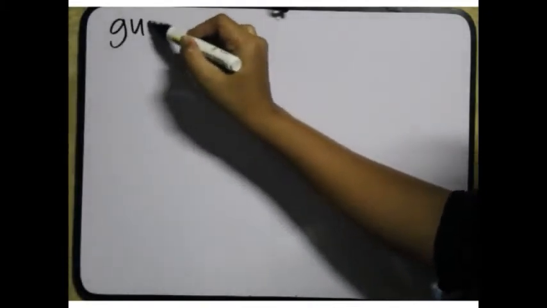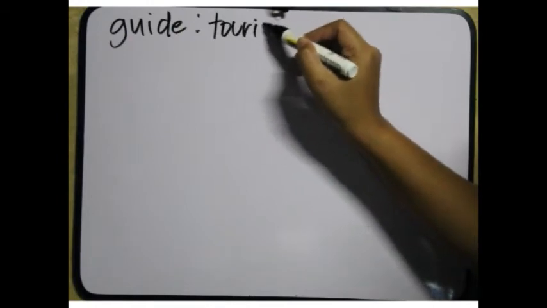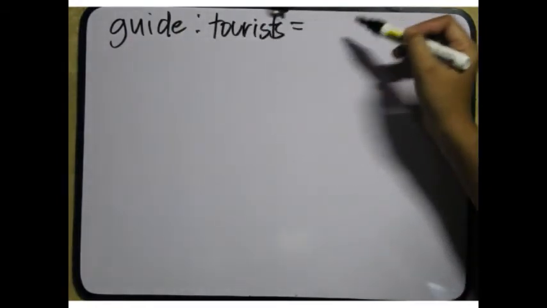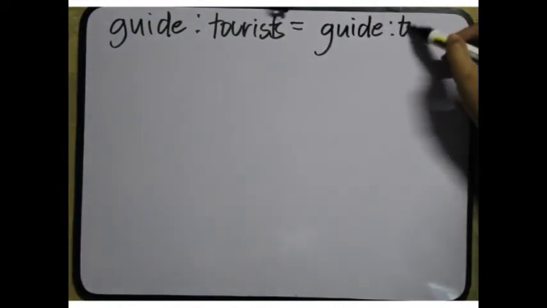For our next problem for direct proportion, Miss Lopez went abroad for an educational tour. She noticed that each guide goes along with 3 tourists. So our ratio here is guide is to tourist, equal to guide is to tourist.